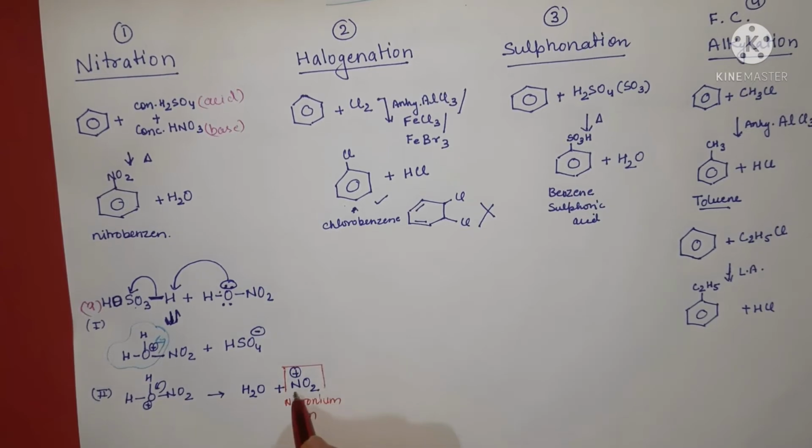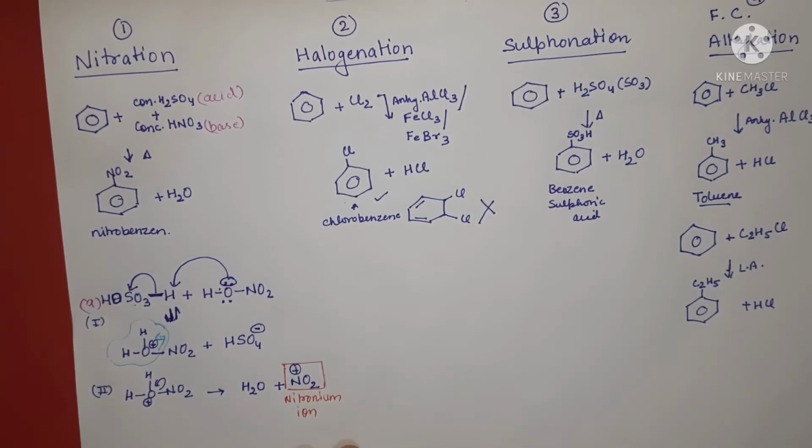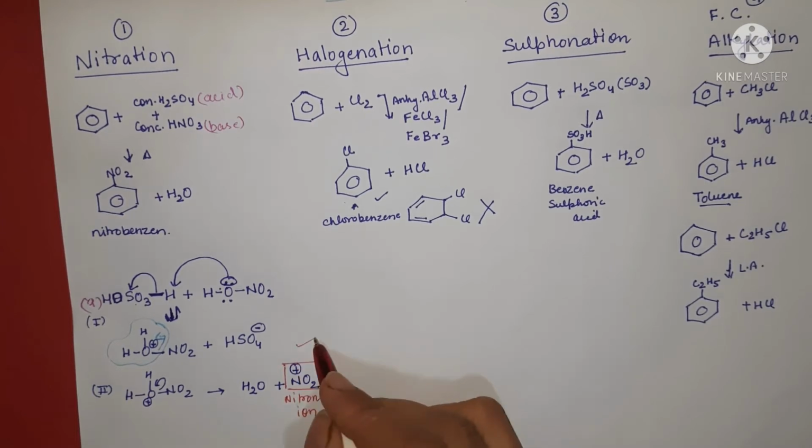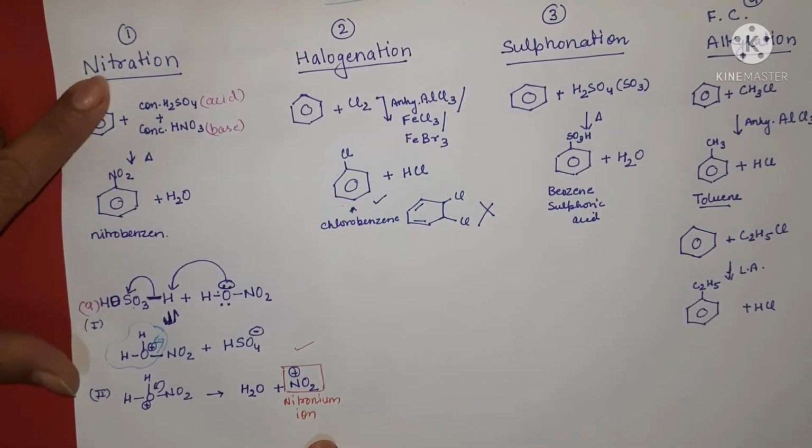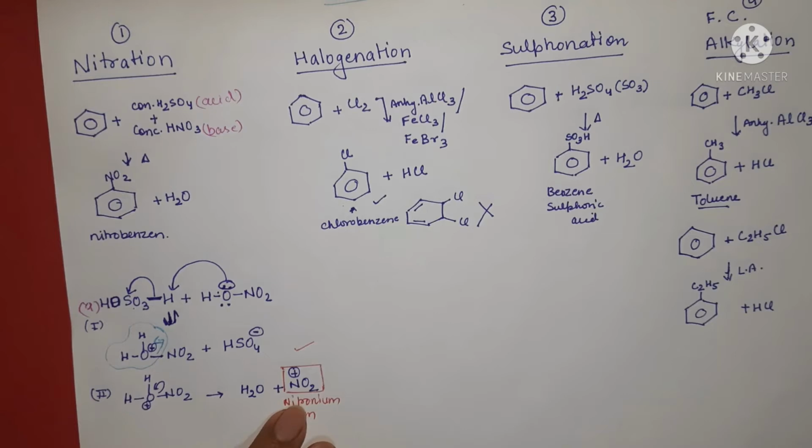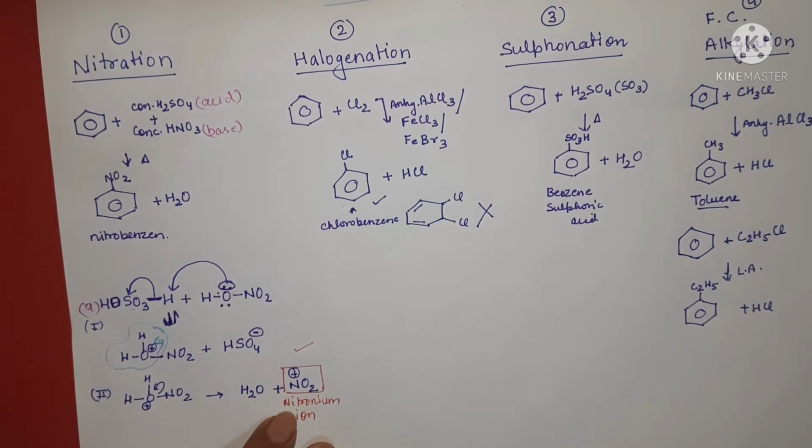And this is our electrophile. This is the first step of the mechanism, which consists of generation of the electrophile. So for nitration, the electrophile is NO2 positive, the nitronium ion.